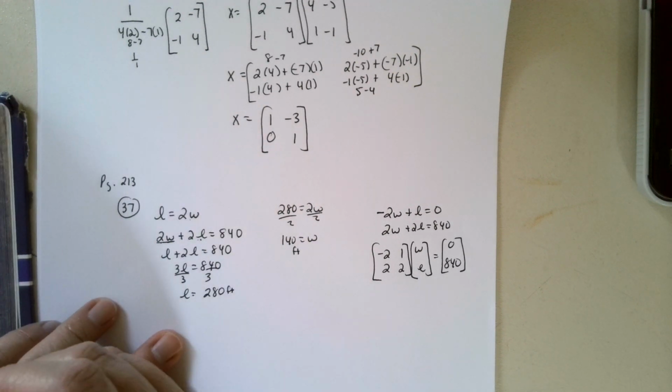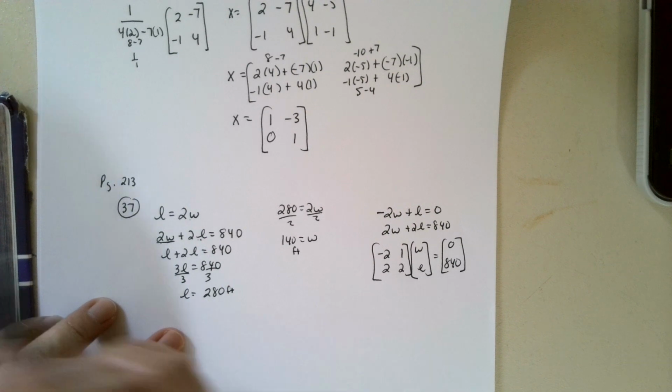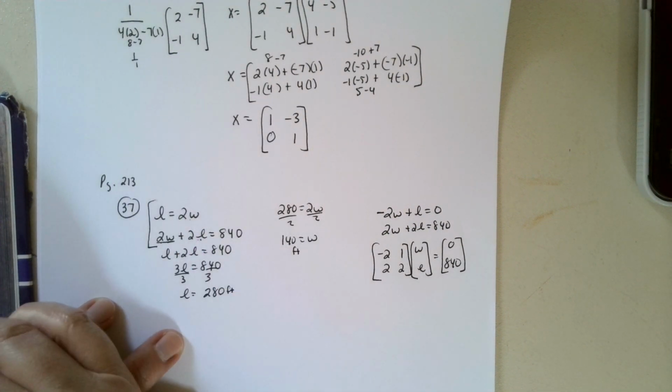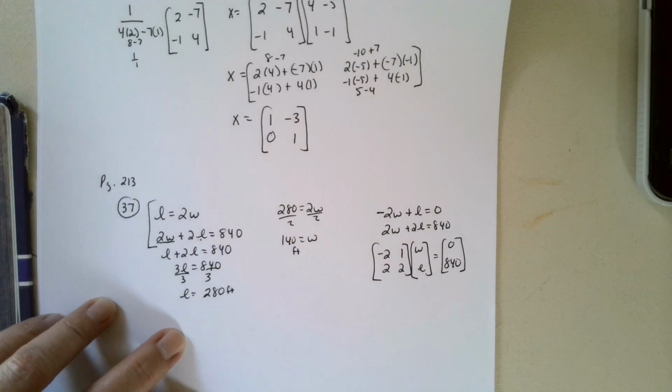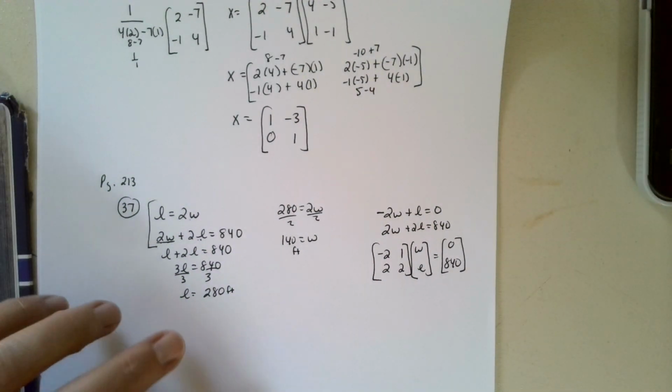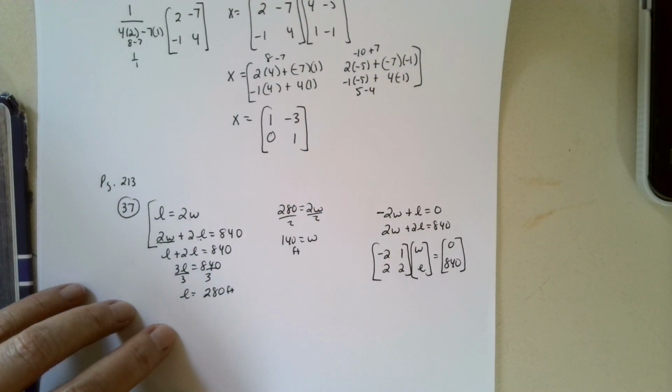So what I'm trying to say is on a word problem, get your two equations, and then you can use other algebra methods from chapter 3 like substitution or elimination, or you can use the inverse matrices that you learned for this lesson.